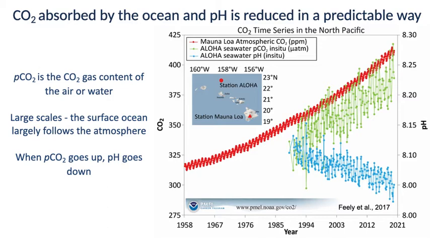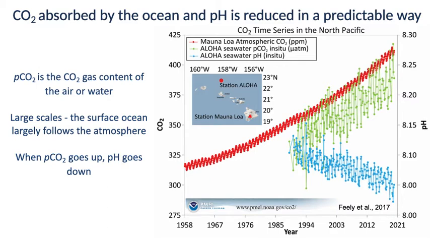And offshore, there's a nearby in-water station called Station Aloha. What you see plotted on these two different y-axes is first the carbon dioxide of the atmosphere, which is plotted here in red, and that is from Station Mauna Loa on land.